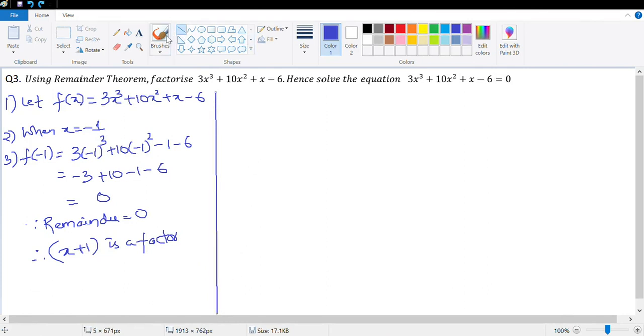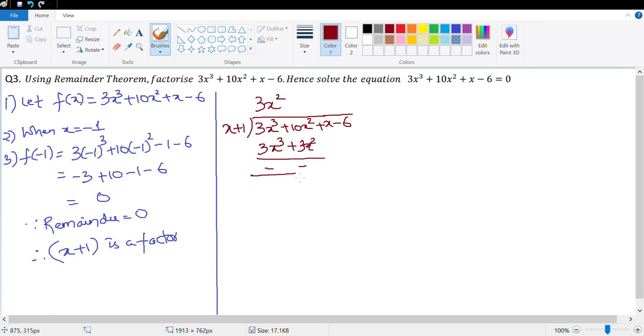Now to divide the given expression by x plus 1. So what we have is 3x cubed plus 10x squared plus x minus 6. Multiply x with 3x squared, that'll give us 3x cubed. Multiply 1 with 3x squared, that'll give us 3x squared. Subtract, this is 0. 10 minus 3, that's 7x squared plus x.